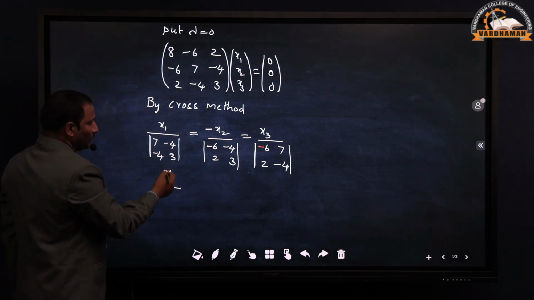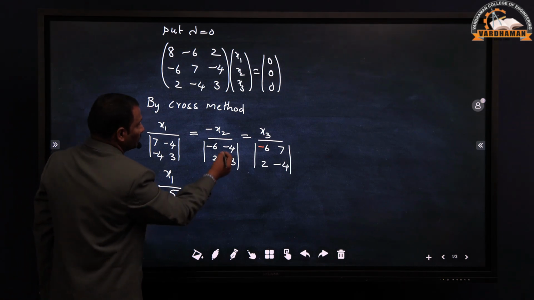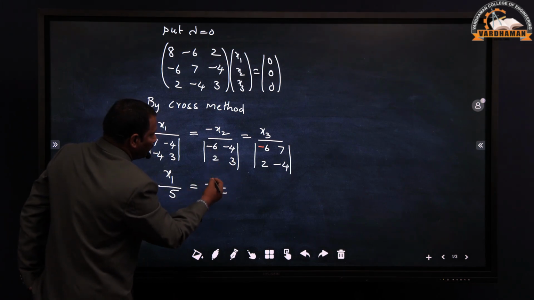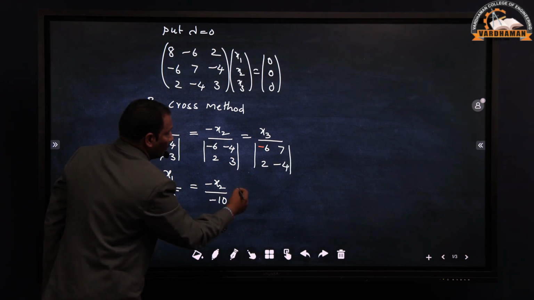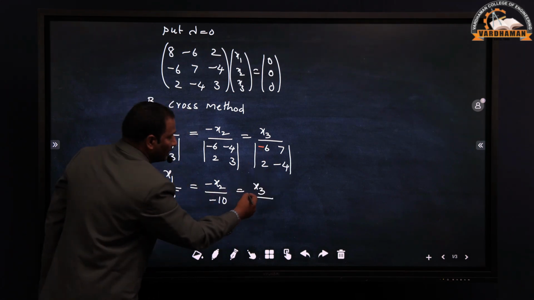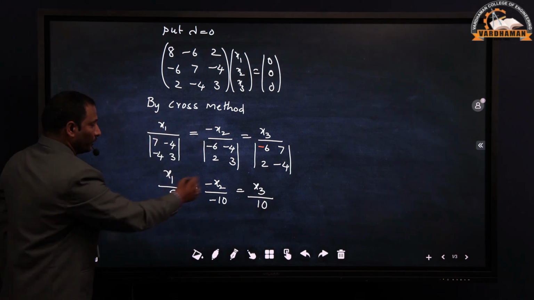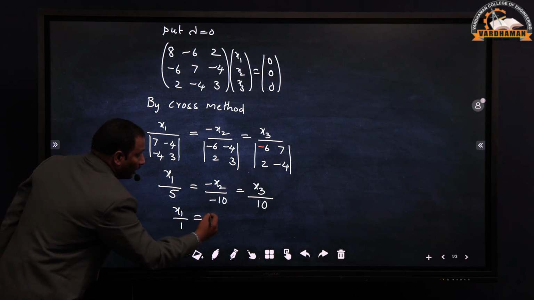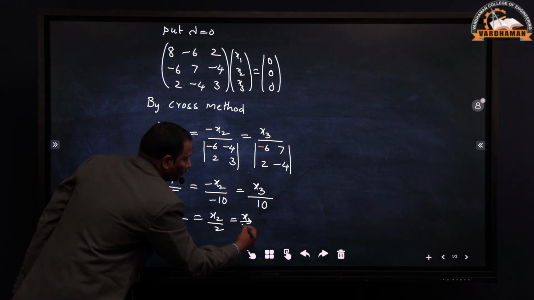x1 by 7 times 3 is 21 minus 16, that is 5, equals minus x2 by 6 times 3 is 18 minus 18 plus 8, so minus 10, equals x3 by 6 times 4 is 24 minus 14, that is 10. Take out the common factor, so we get x1 by 1, x2 by 2 and x3 by 2.